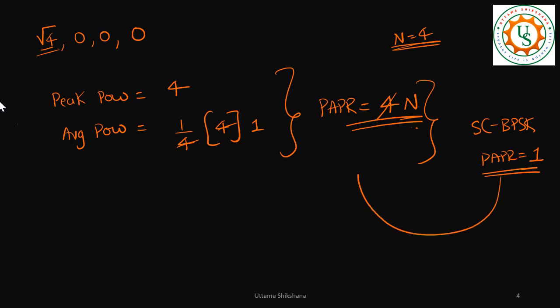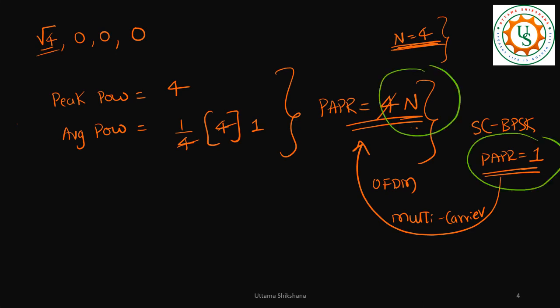But for an OFDM system, which is a multi-carrier system, my PAPR is N. However many points of IFFT we do, that will be the value. So you can clearly see that for an OFDM system the PAPR is increased. It's increasing because of more number of subcarriers.